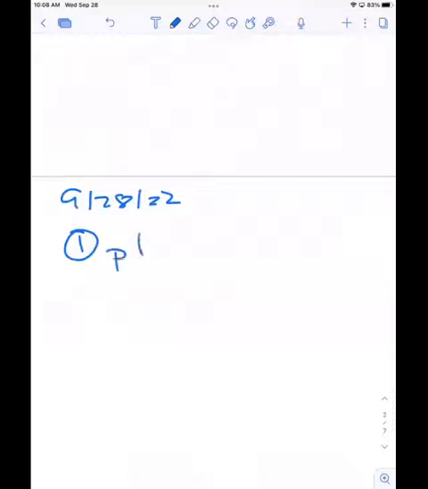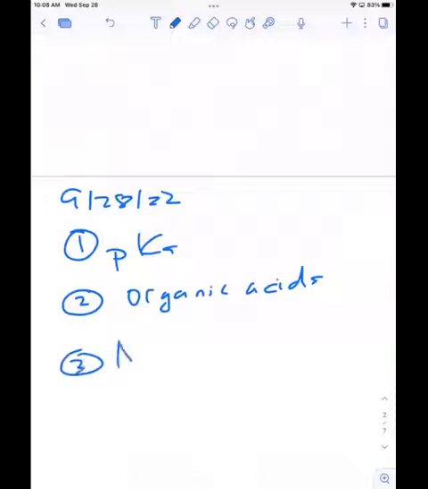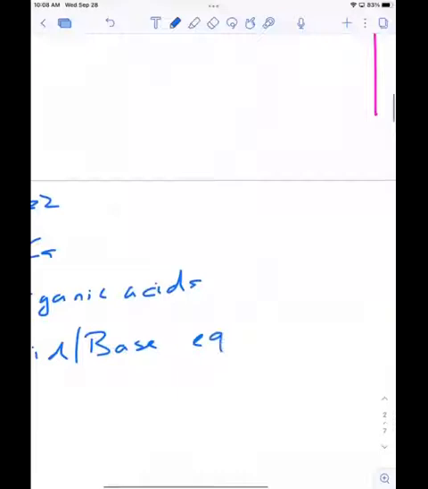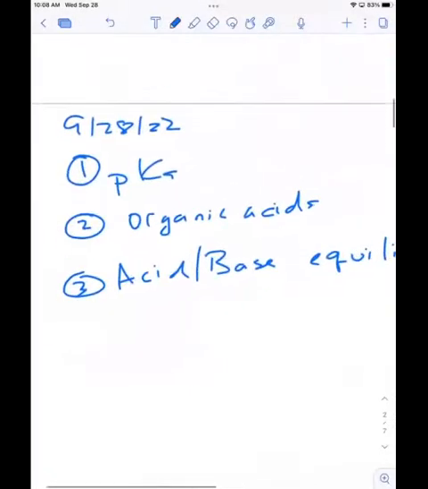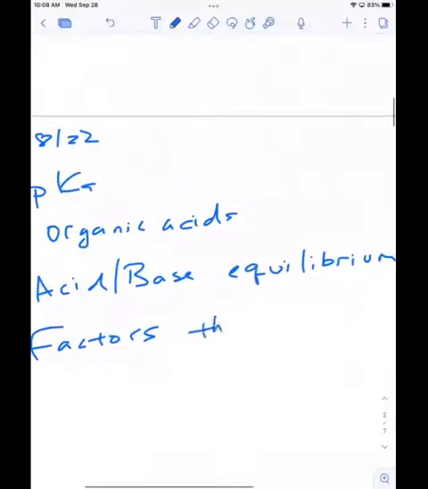We're going to talk about organic acids, acid-base equilibrium, and how to predict it. We may not get to all this today, but we're going to talk about the factors that affect pKa.